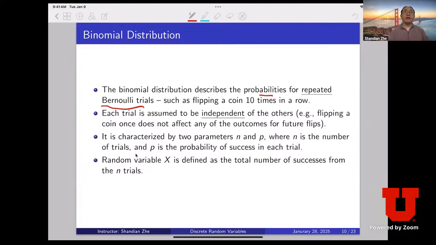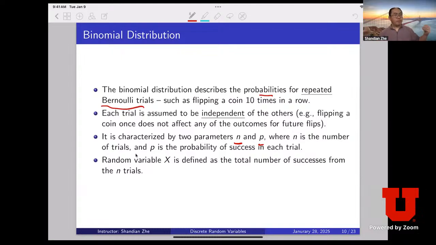They're totally independent. Usually when we describe a binomial distribution, we need to specify two parameters. One is n, indicating how many trials you want to do. The other is p, which means the probability of success for each trial.